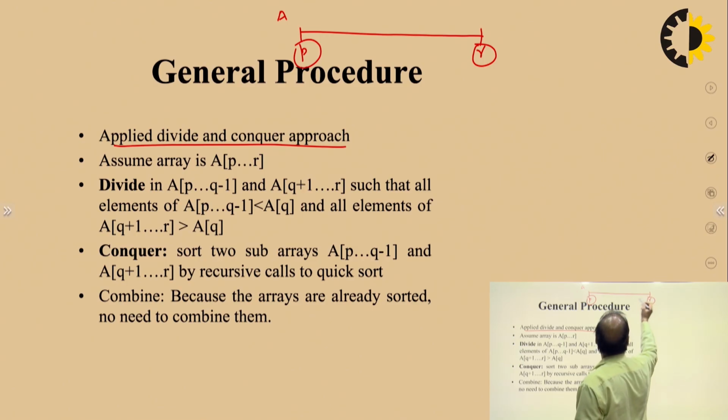Suppose we partition the array and Q is the position of the partitioning element. Then A[Q] is placed into its proper position. So to the left of A[Q], all elements are less than it, and to the right of A[Q], all elements are greater than it. This is the actual concept.